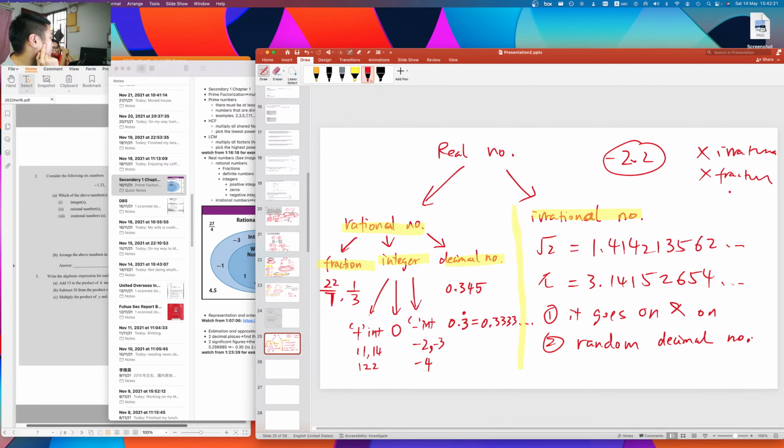Yeah. Integer? No. Integer is always 11, 40, 1, 2, minus 2. So for integer there is no decimal number, right? So it's also not integer. So the most likely one is the decimal number. Does it make sense? Yeah. Okay, good. So this is a decimal number.